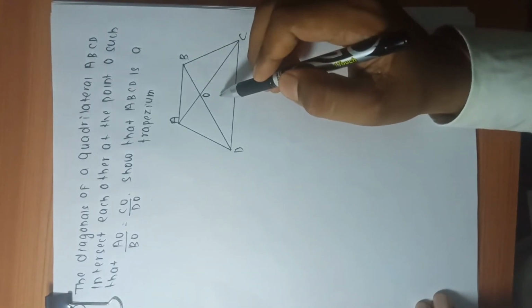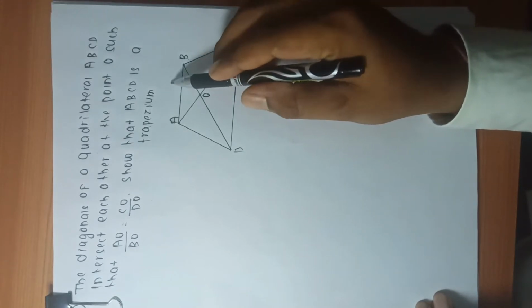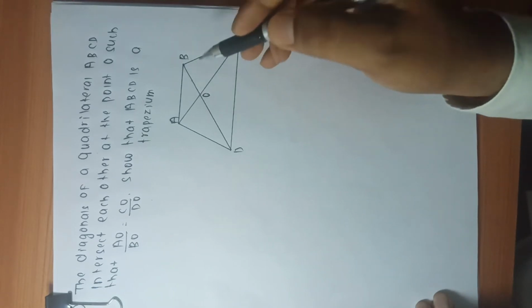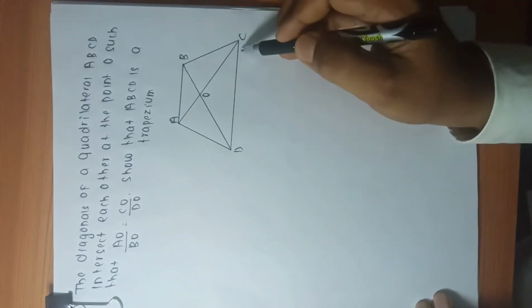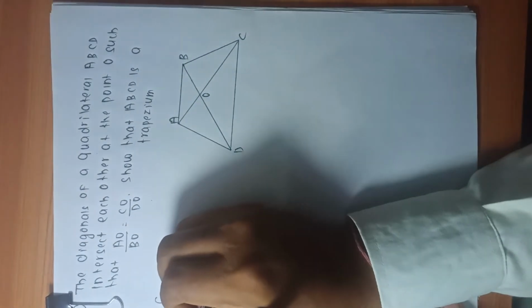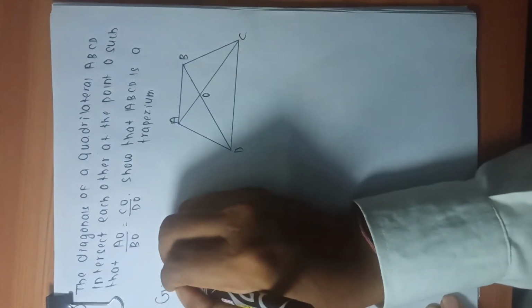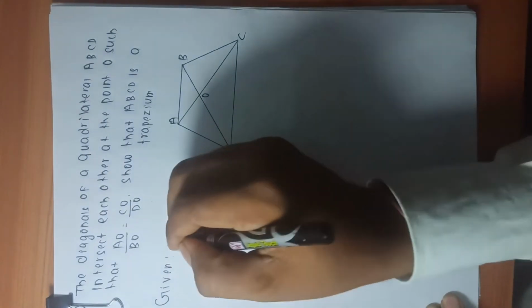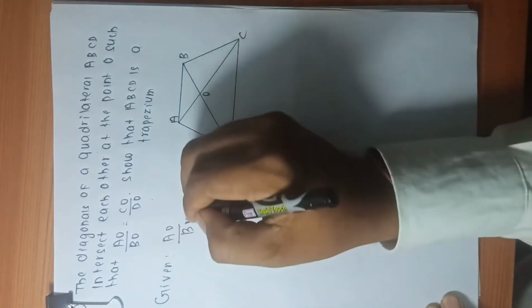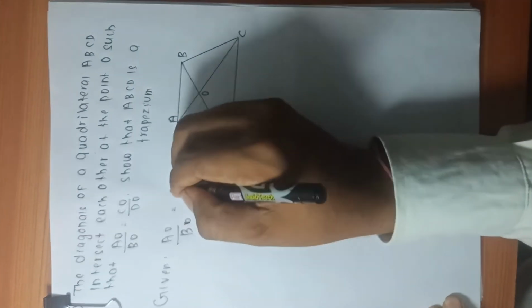As you know, a trapezium is a quadrilateral in which one pair of opposite sides is parallel. So we need to prove AB parallel to DC. First of all, we can write the given part. Given: AO by BO equals CO by DO, which is already mentioned in the question.